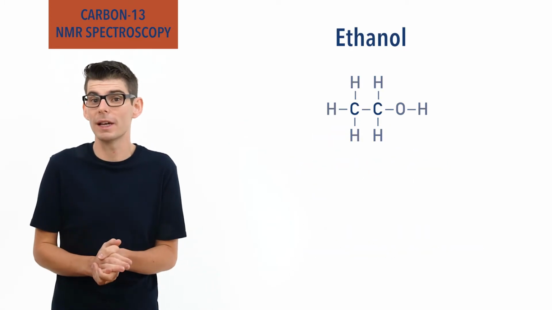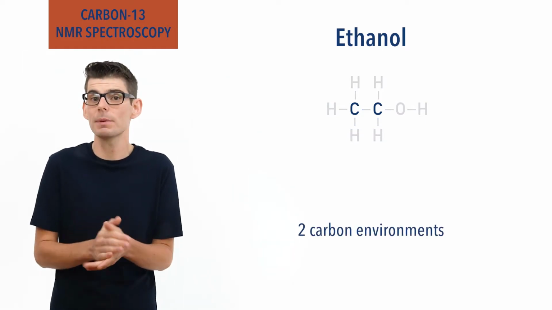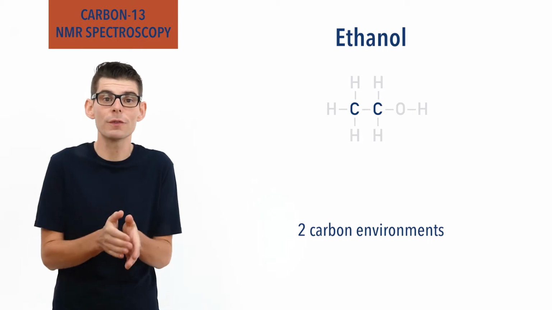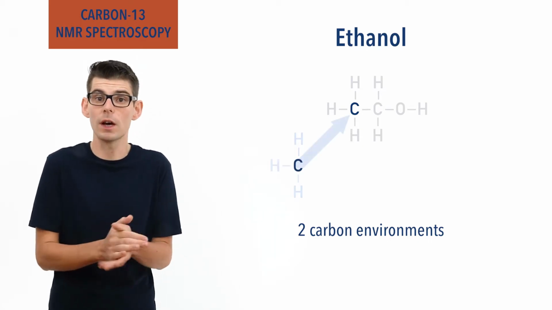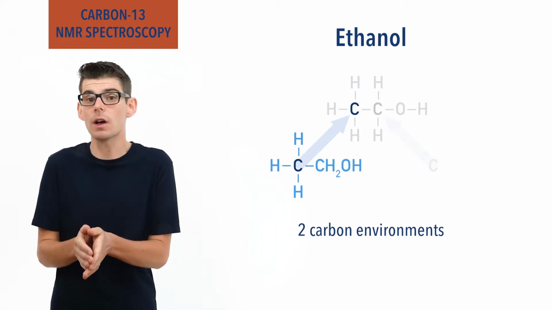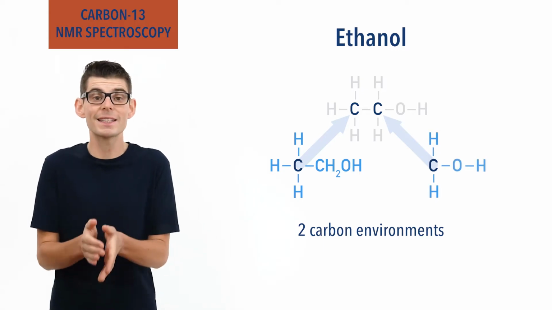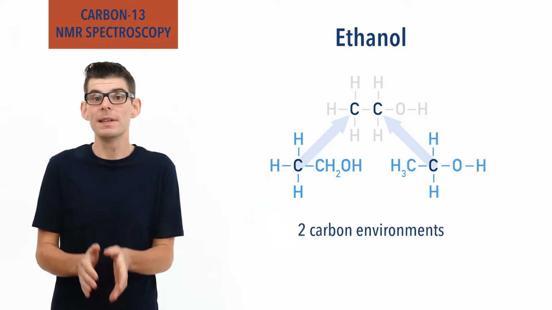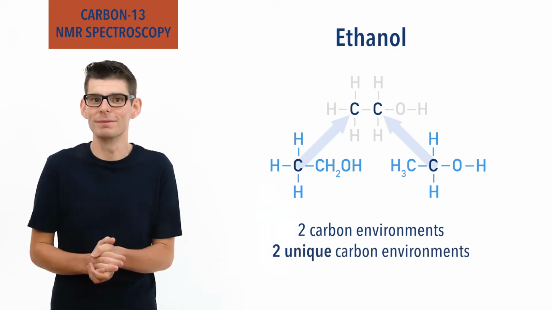Whereas in ethanol, there are still 2 carbon atoms, meaning 2 carbon environments. However, each of these carbon atoms are bonded to different atoms and groups. One carbon is bonded to 3 hydrogen atoms and a CH2OH group, and the other carbon is bonded to 2 hydrogen atoms, an OH group, and a CH3 group, meaning there are 2 unique carbon environments in the molecule.